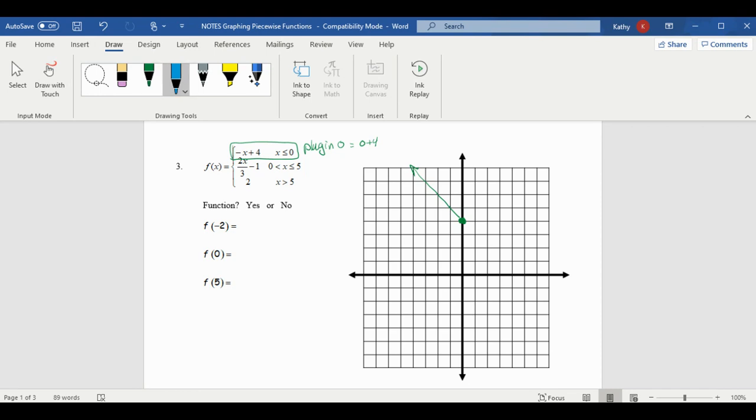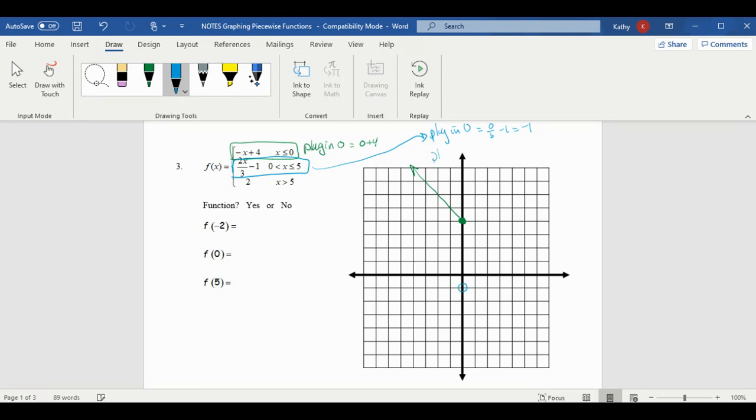Perfect. Second one, 2/3 x over 3 minus 1. Now we have just a short piece from 0 to 5. So we want to evaluate both ends. We have to plug in 0. And what do we get? We're going to get 0 over 3 minus 1, which is negative 1. So at 0, negative 1 is down here, and it's going to be an open circle.